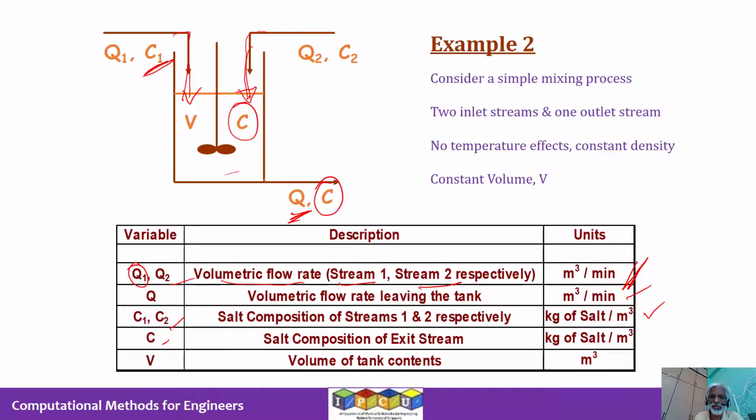And because the fluid stream that comes out is drawn from the vessel, it will also have the same concentration as the interior of the vessel. I hope that is clear now. And V is the volume of the liquid in the tank, the volume of tank contents, and the units would be meter cube.